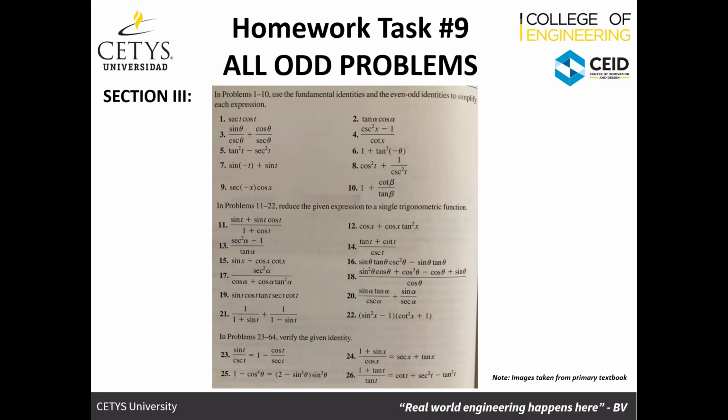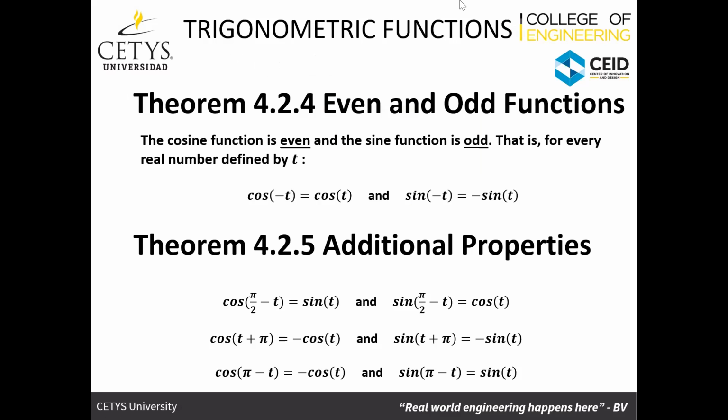And just reference here that in the case of sine and cosine, we've mentioned this. The cosine function is even and the sine function is odd. We'd already mentioned that because if we look at the graphs, the cosine function is symmetrical regarding the y-axis, and the sine function is symmetrical regarding the origin. So cosine is even, sine is odd.